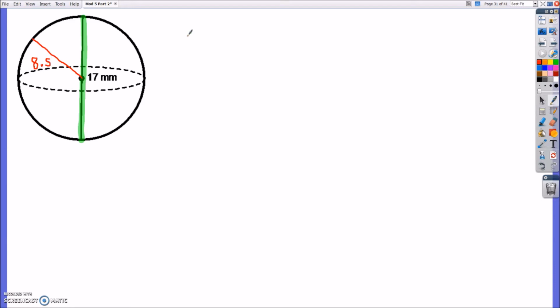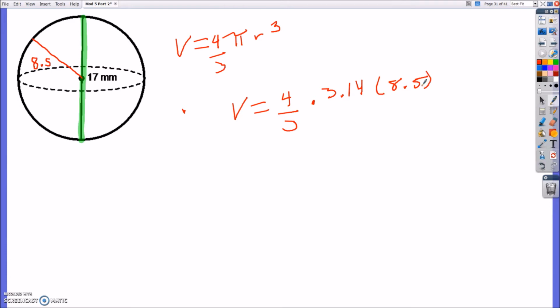So I'm going to have volume equals pi r cubed, and I'm going to times that by 4/3. So let's go ahead and plug everything in now. Volume equals 4/3 times 3.14 times 8.5.